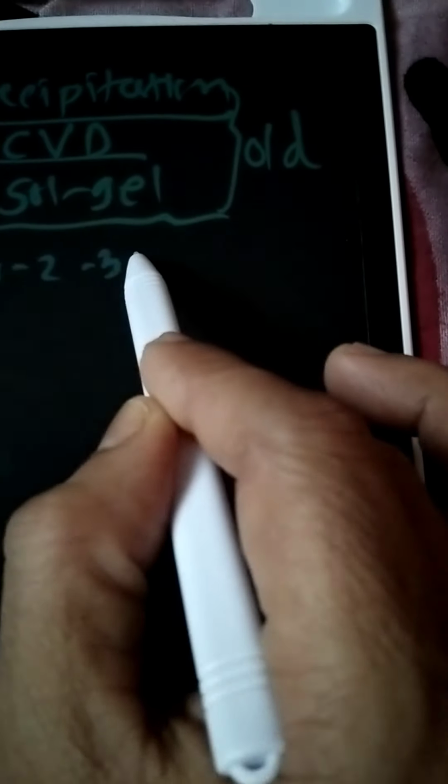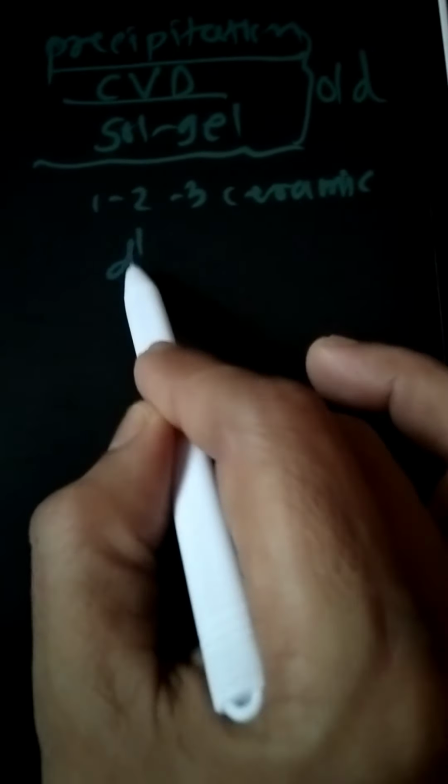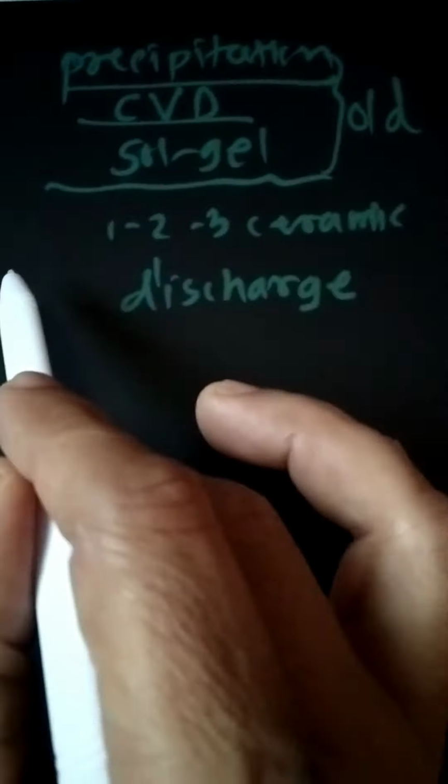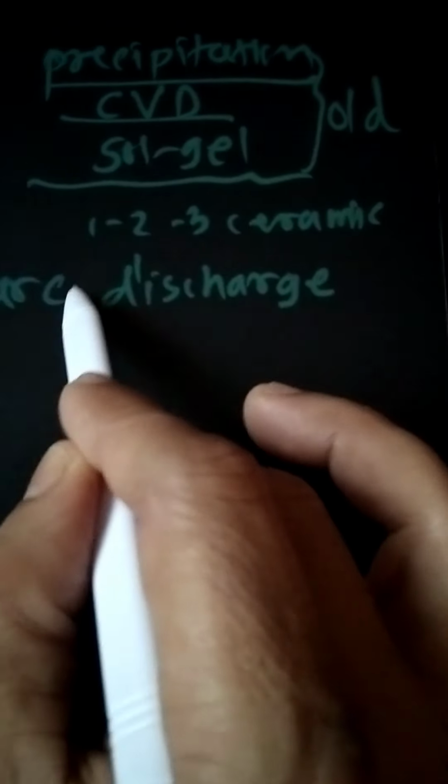These are not used today for ceramic superconductors, because these old classical techniques can be used only for bulk materials. So for this 1, 2, 3 type ceramic superconductor, discharge methods are used: the discharge and deposition method. The special method used is the arc discharge method.